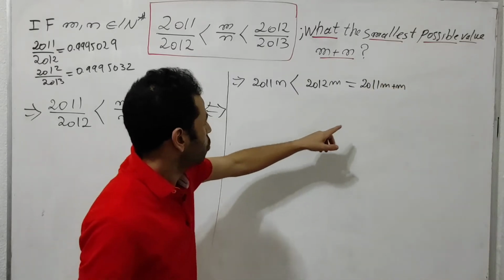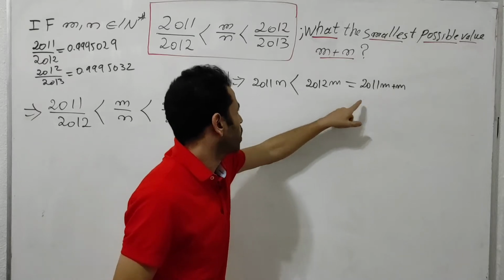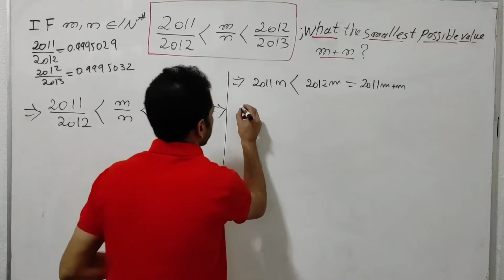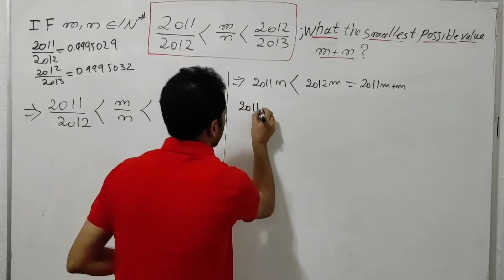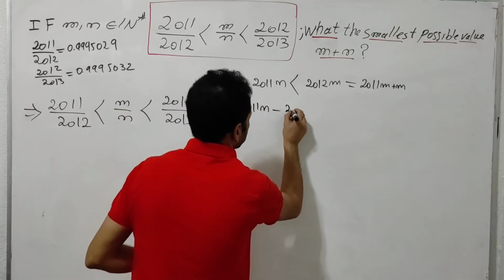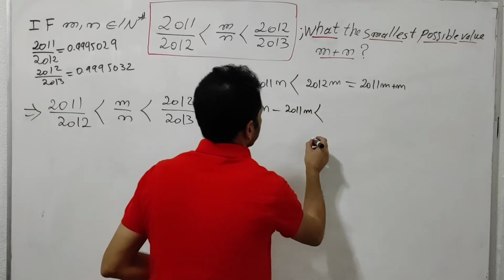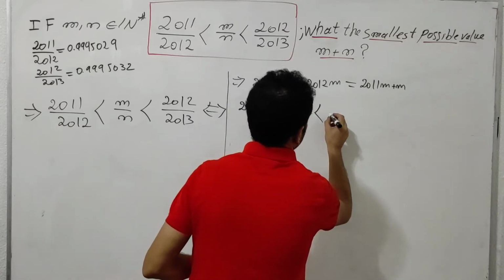To make 2011 a common factor, I bring 2011 m to the left-hand side and get 2011 n minus 2011 m strictly inferior to m.